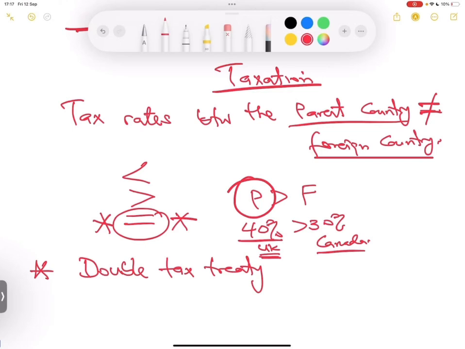Since you have paid 30% in Canada, the UK will only ask you to pay an additional 10%. They will not ask you to pay the whole 40%. But at the same time, they will not say that because you have paid 30%, you can say no more. No, you will still have to pay.